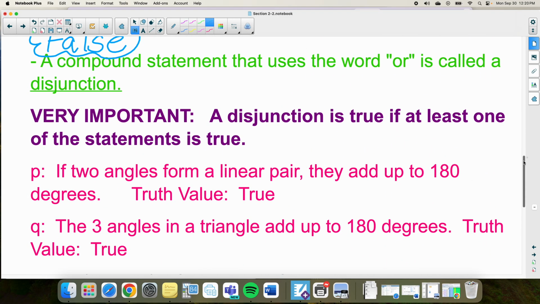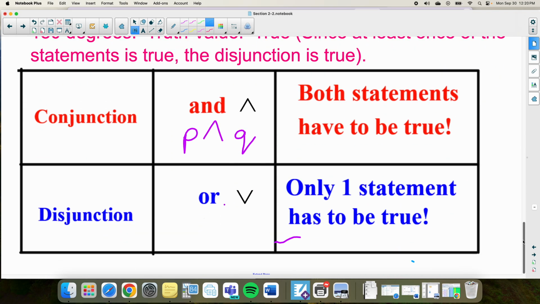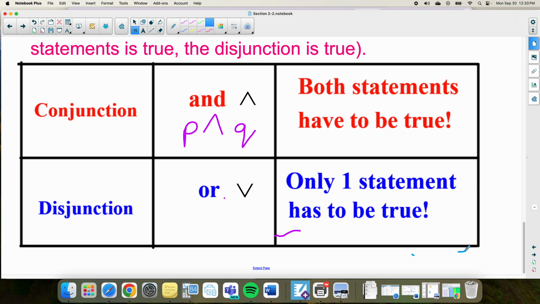Now we're going to do something called a disjunction. And again, I'm going to go down here to explain the difference. We do these the exact same way. The only difference is with and, you have this symbol. I think of this kind of like a capital A. And then or is like a capital V, okay?